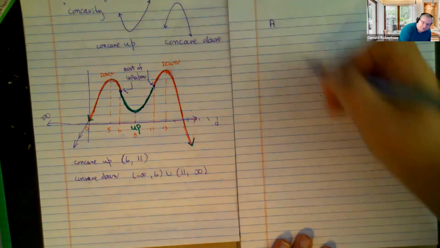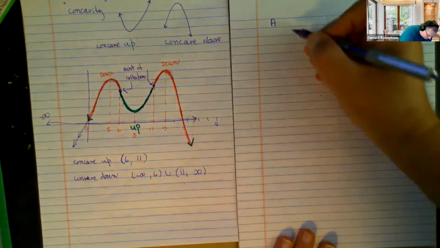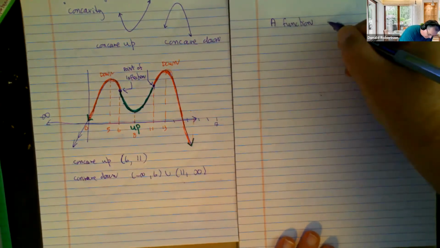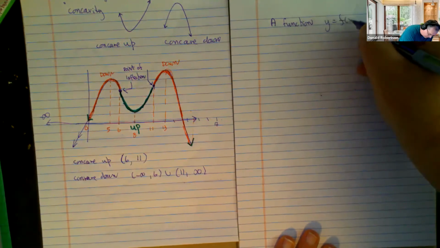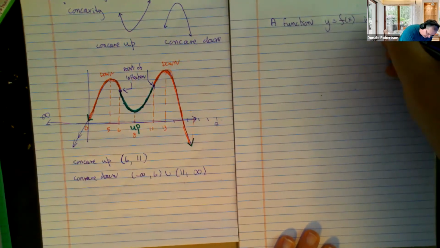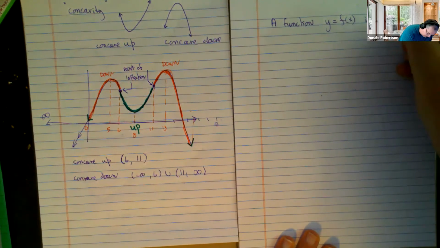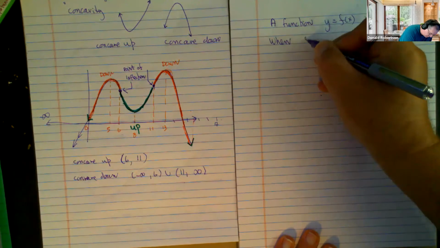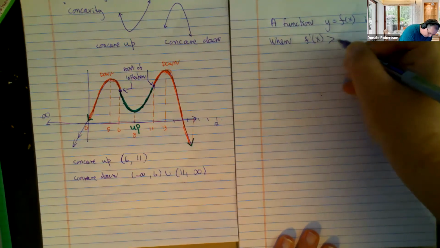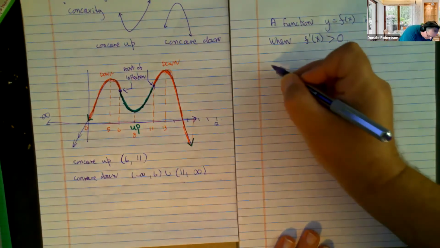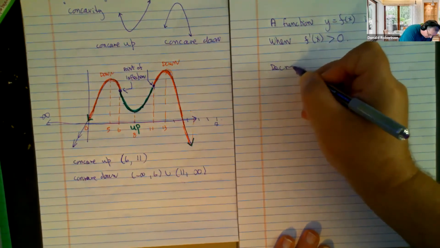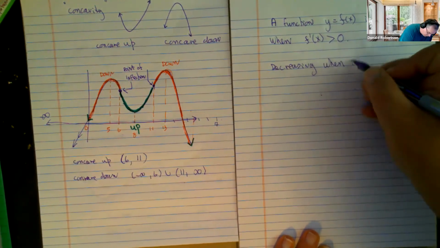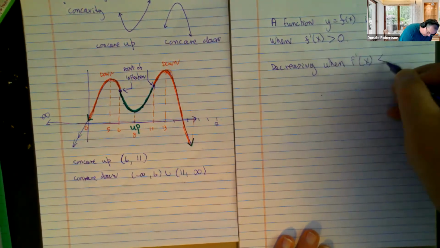I'll tell you a little property where derivatives kick in. A function y equals f of x is increasing when its derivative is greater than 0, and it's decreasing when its derivative is less than 0.